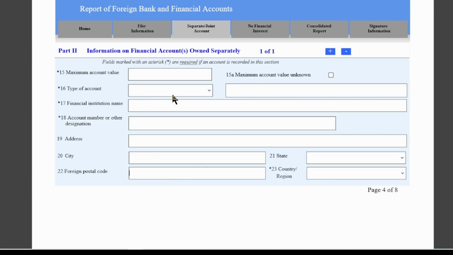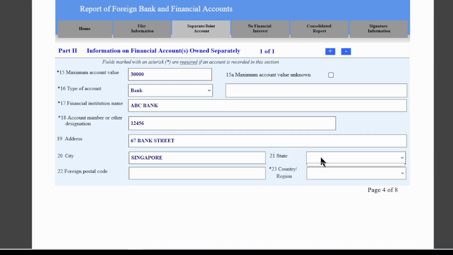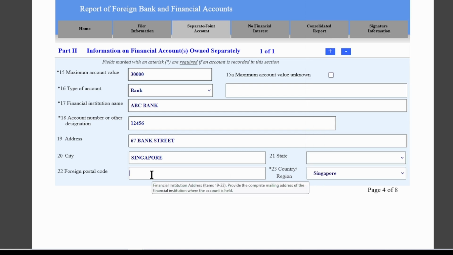And so once you fill all of that in, right, so you say $300,000, let's say, in a bank, and the bank is ABC Bank, right? Account 123456, address 67 Bank Street, city, Singapore, state, same, country, Singapore, foreign postal code, something like that.